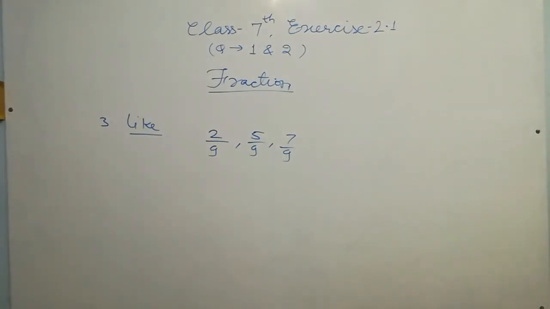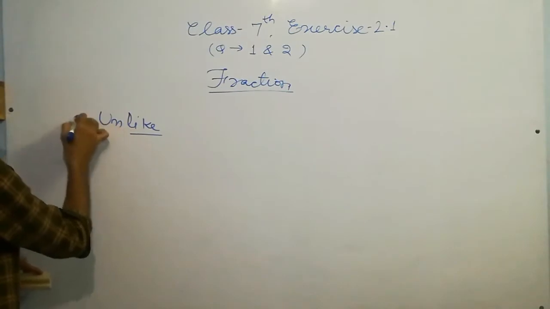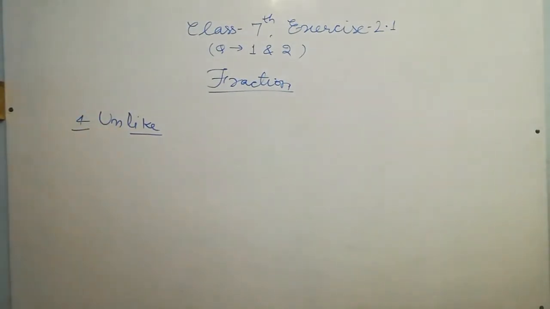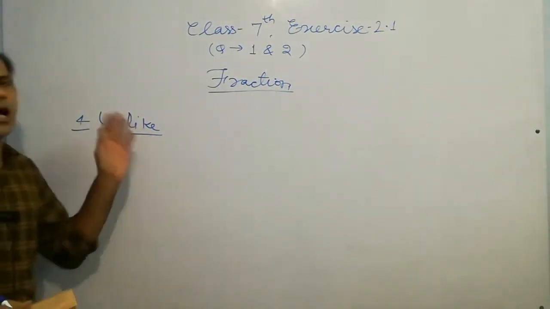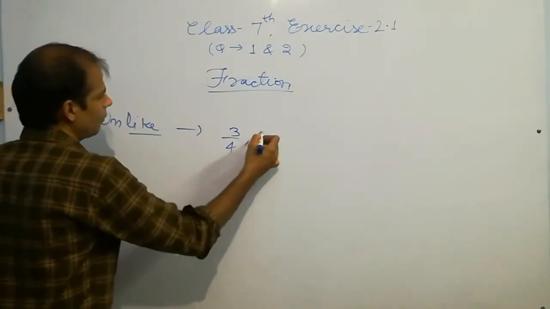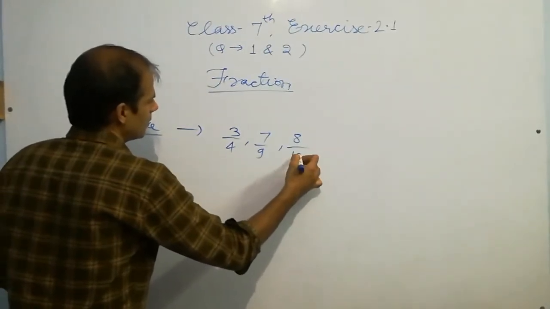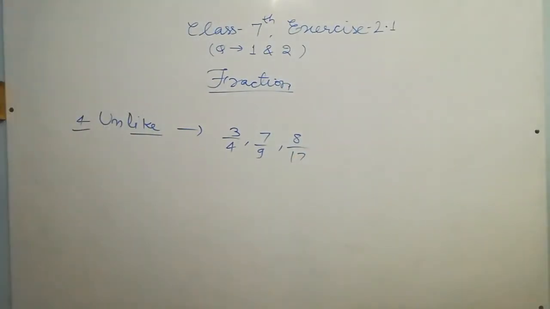And fourth is unlike fractions. Unlike fractions, if denominators are different, then the fraction is called unlike fractions. For example, 3 upon 4, 7 upon 9, whatever, 8 upon 17. So these fractions are called unlike fractions.